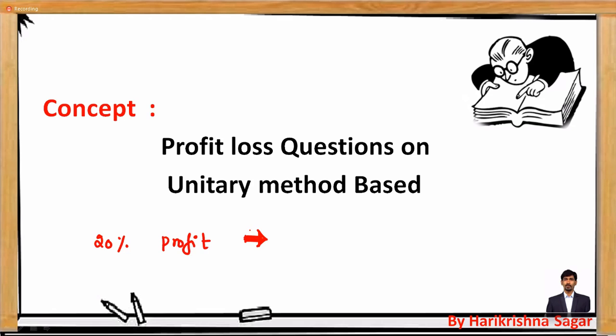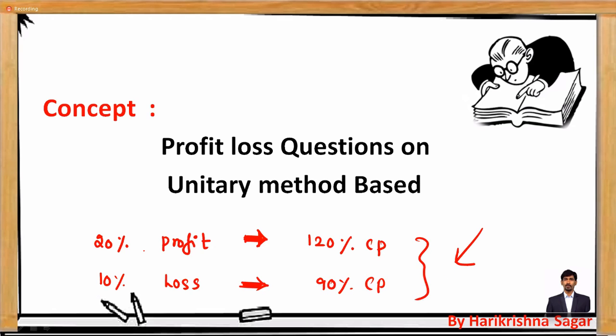If a person is making 20% profit, then the overall value is going to be 120% of the cost price. A person made 10% loss. What is the meaning of 10% loss? It is going to be 90% of the cost price. So remember this so that you can convert into unitary method easily.